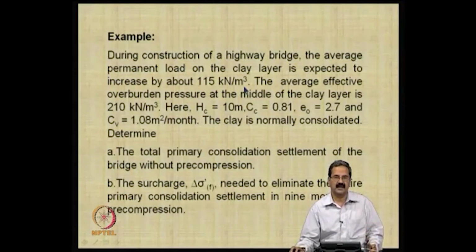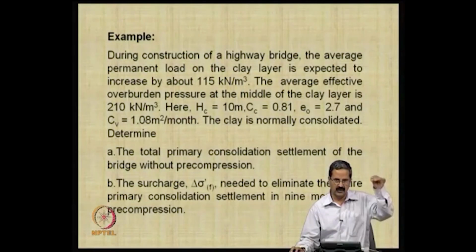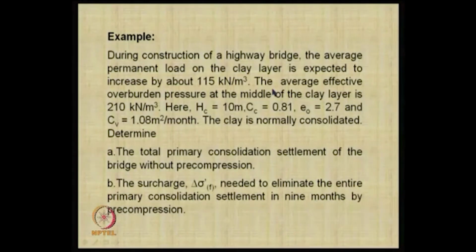These numbers can be calculated using a number of theories or elastic solutions where you know the load, whether it is a uniformly distributed load or point load or even a triangular load. Triangular load represents the loading because of the embankment. The loads are there and one can calculate what is the extra stress that you get from the particular loading.